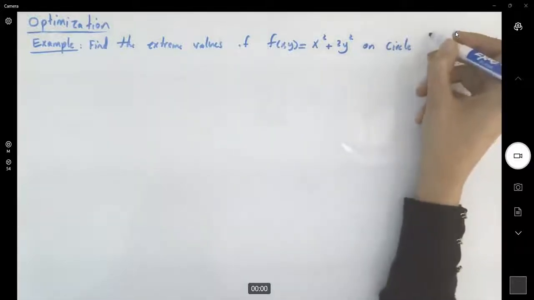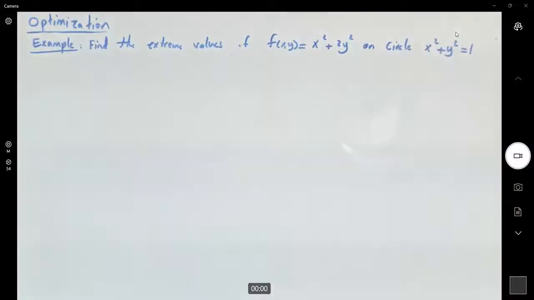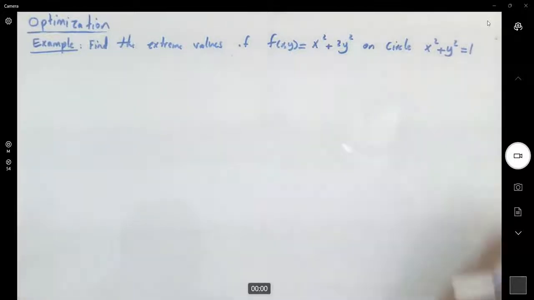The circle given to you is a unit circle, x squared plus y squared equals 1. You want to know what is the extreme value of this function when you restrict it to this circle.